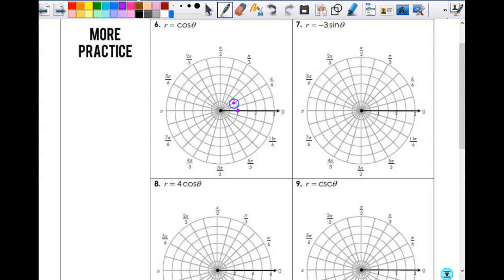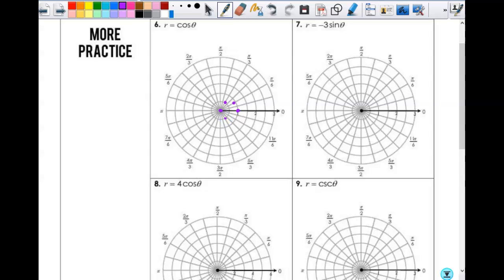What is the cosine of pi thirds? 1/2. What is the cosine of pi halves? 0. All right. So then what is the cosine of 2 pi thirds? Negative 1/2. So I push through to get to negative 1/2, and I'm right here.